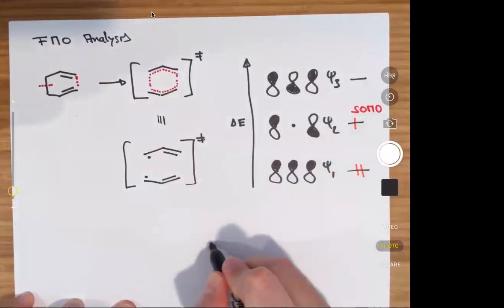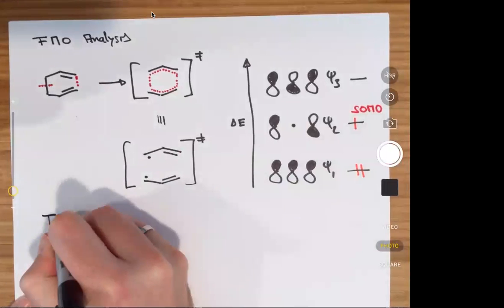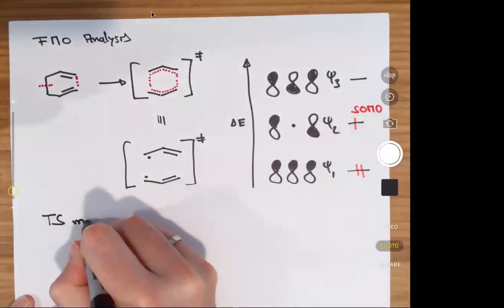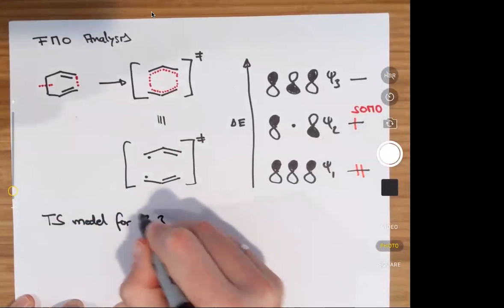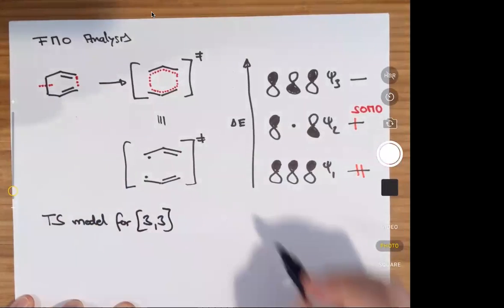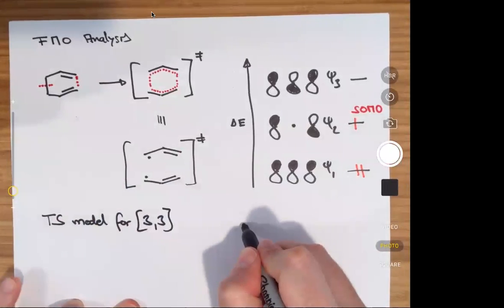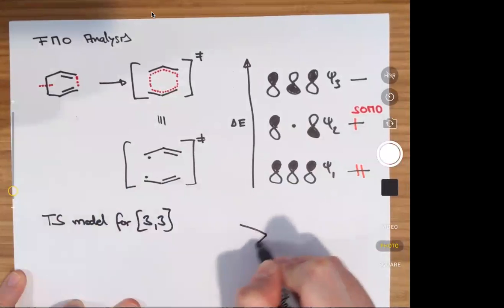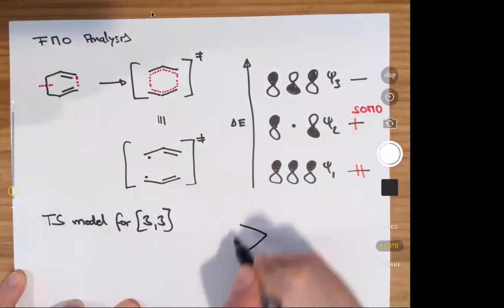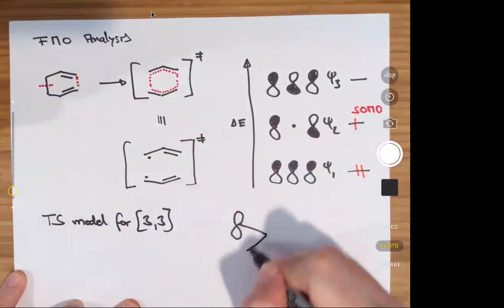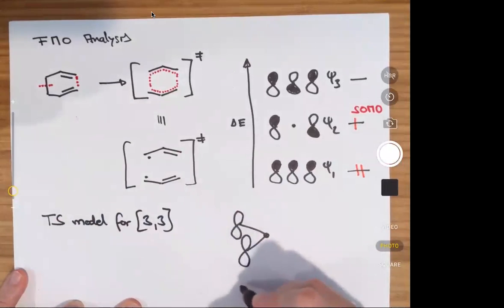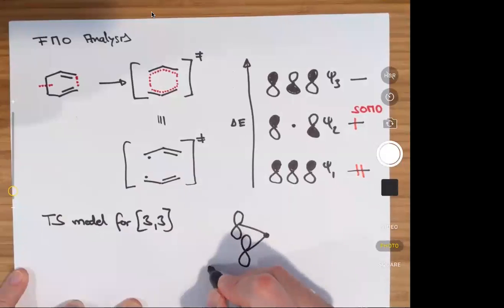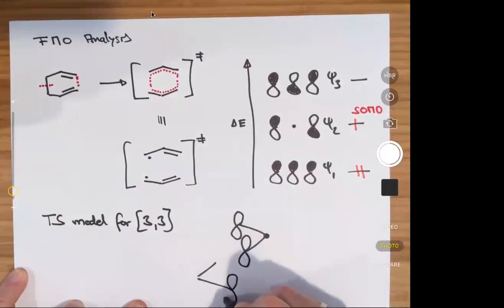So I'm just going to, let's say, draw a transition state model for 3,3 sigmatropic rearrangement. Then you can basically just go ahead and draw 2 allyl radicals. So there's a node here, of course, and then we can draw the other one below here.